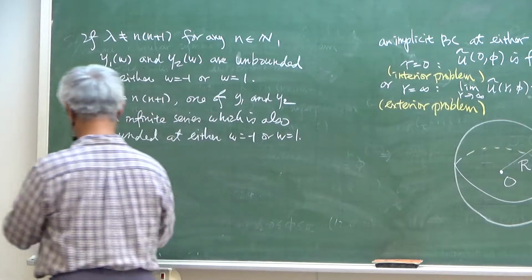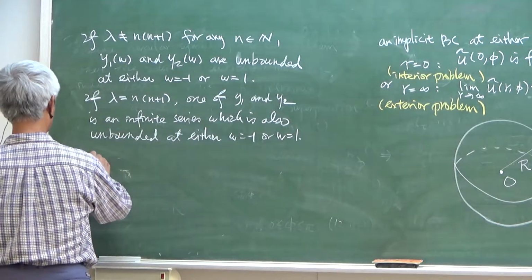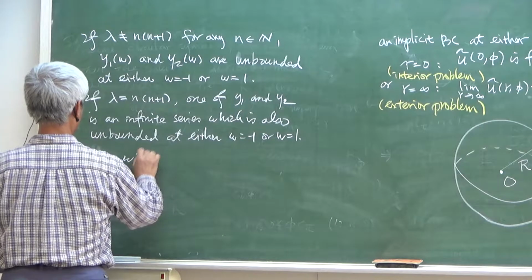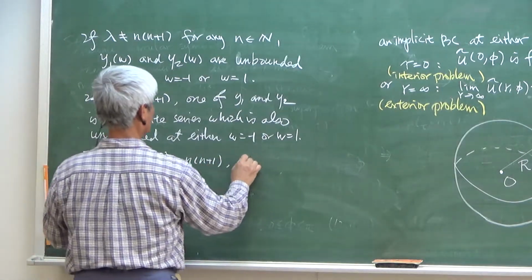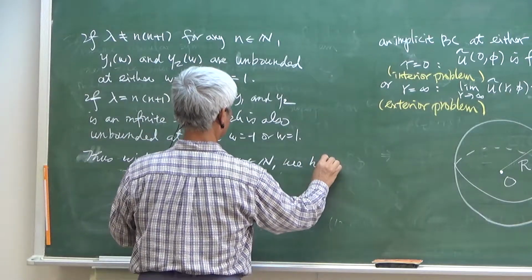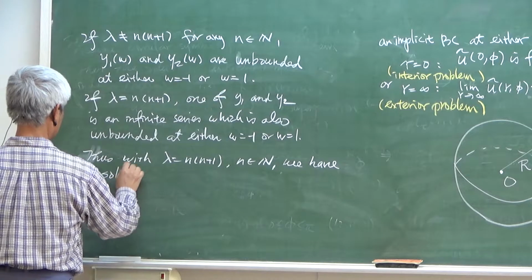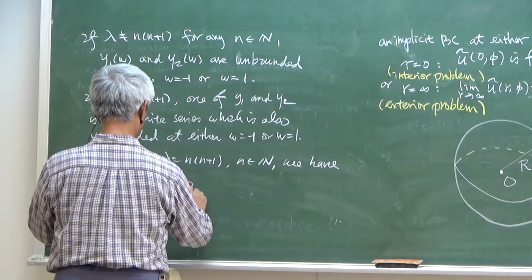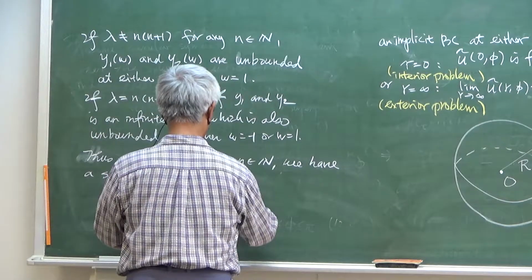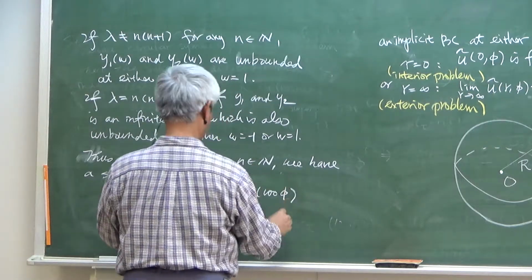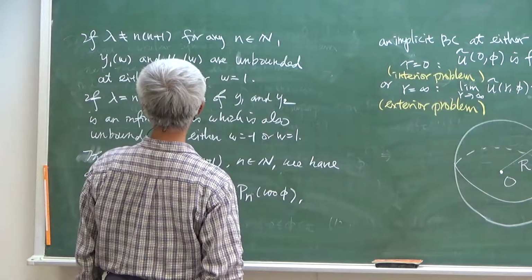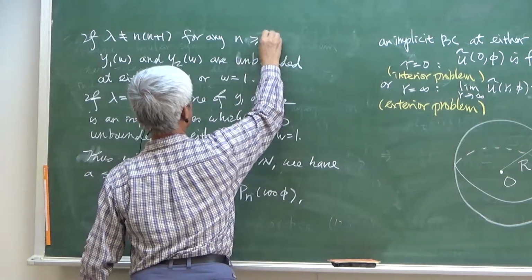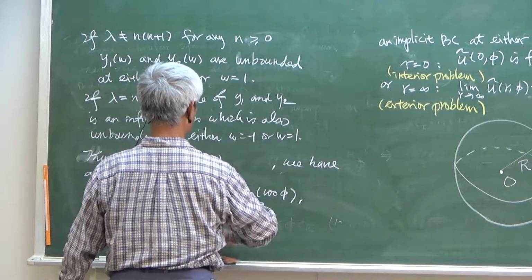So with lambda equal to n times n plus 1, we have a solution h_n, which is equal to P_n of cosine phi. And n can be 0, include n equal to 0.